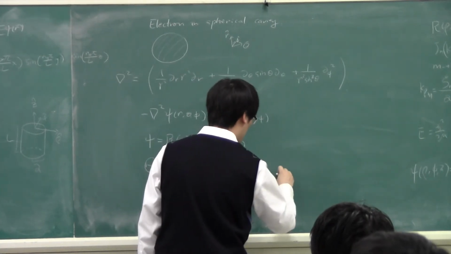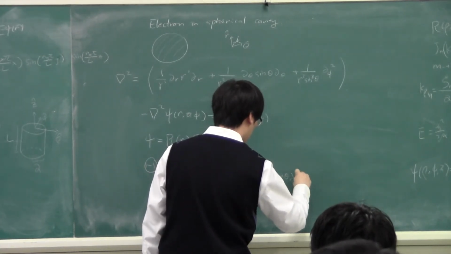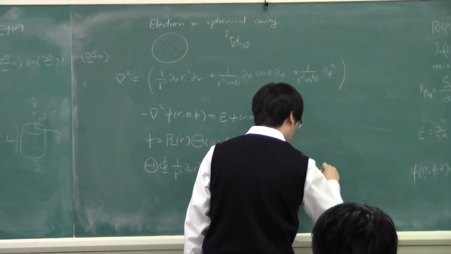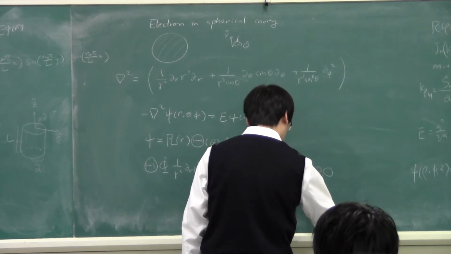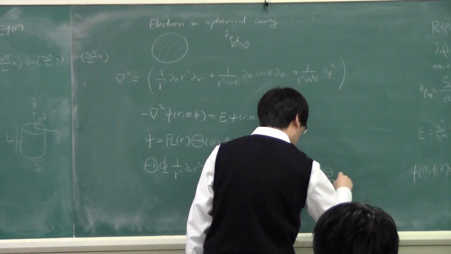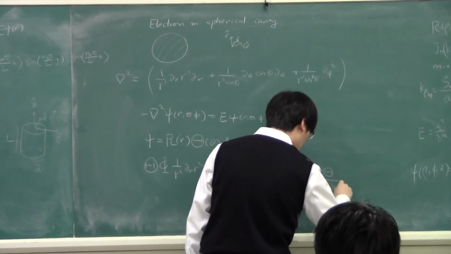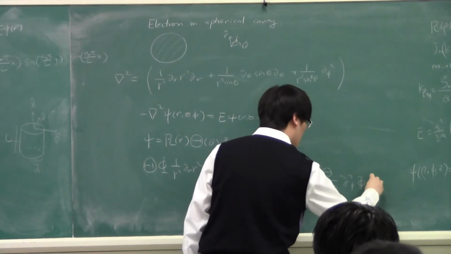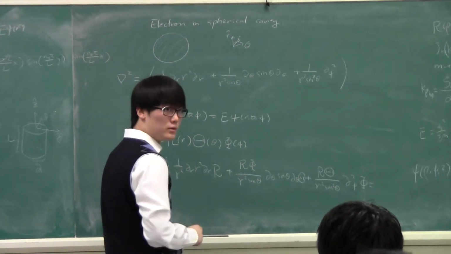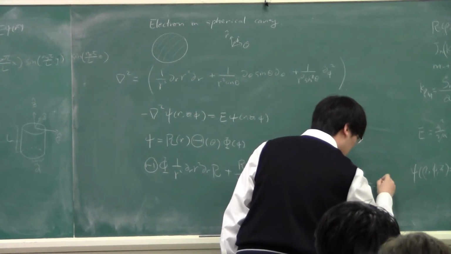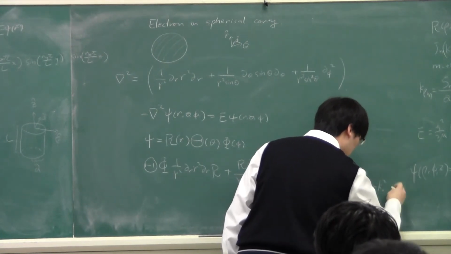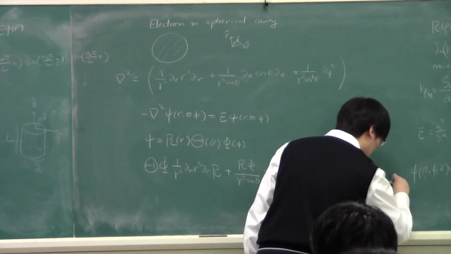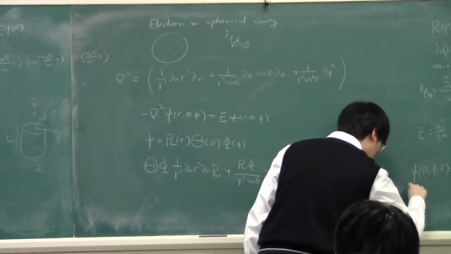And then this third term is easiest. Okay. We take out R and theta, I forgot to write theta here. And then the differential operator operates only on phi. Okay. And this is equal to minus the energy. And I'm going to use K naught squared to denote the energy because we've already rescaled our energy unit. R theta and phi.